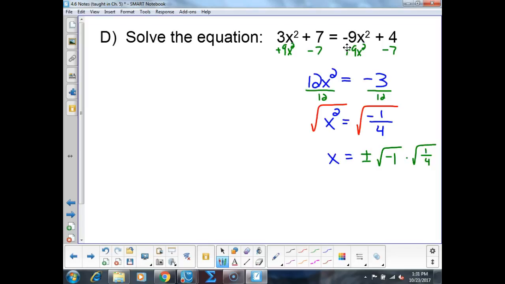Nope. Even easier than putting it into a decimal. Yeah, it really is. Can't reduce the fraction. It's already reduced.